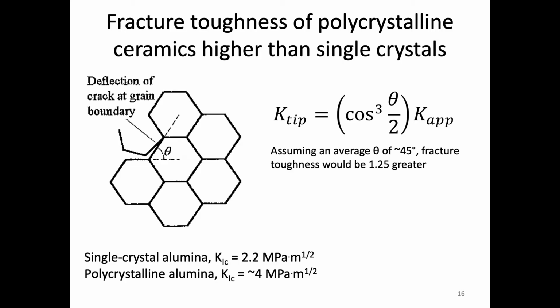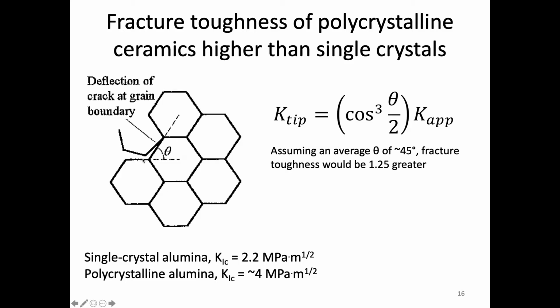So if we have a single crystal material, then we would be dealing with cleavage type fracture within the material. There's nothing to deflect that crack propagation. But now let's say we have a polycrystalline material and there's a crack along the grain boundaries. So it starts over here.